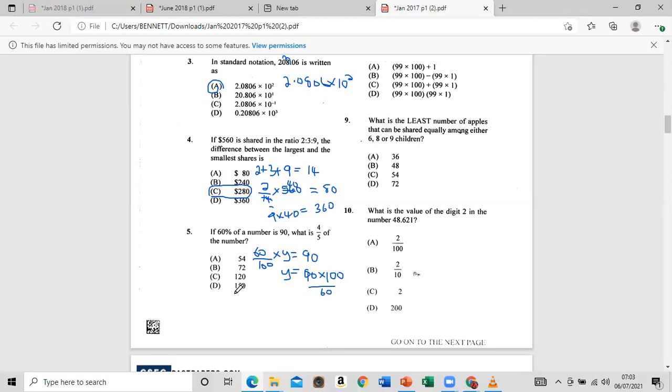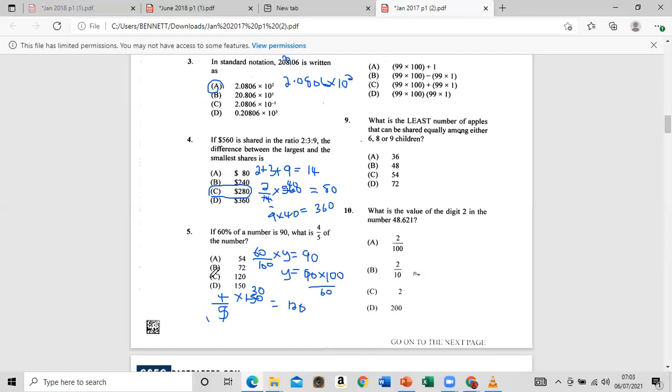So we need to find 4/5 of the number now. What's 4/5 of 150? And that would be our answer. So 5 into 150 is 30. 4 times 30 is 120.